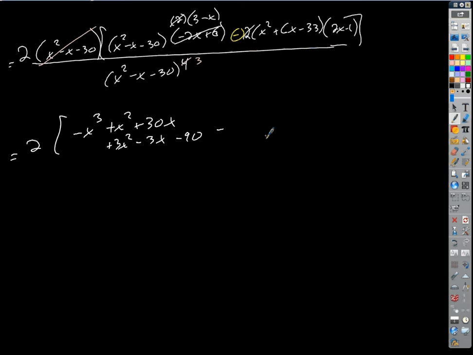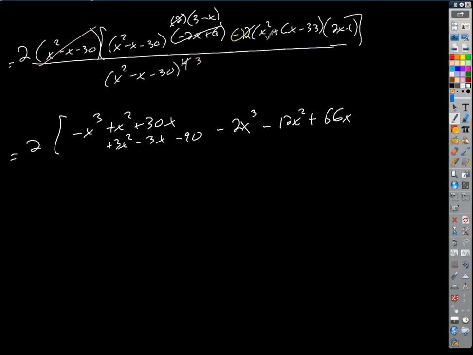Now, let's go ahead and distribute this. We got to really do some mental gymnastics. We're going to distribute the negative and the 2x minus 1. So we're going to get minus 2x cubed minus 12x squared plus 66x.